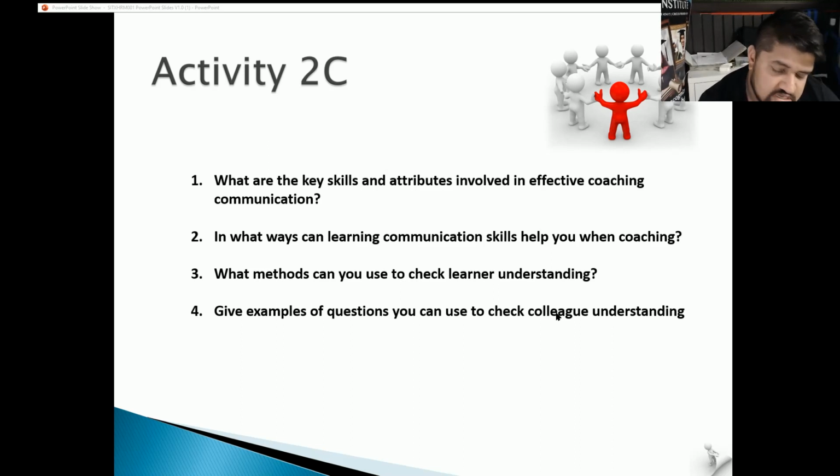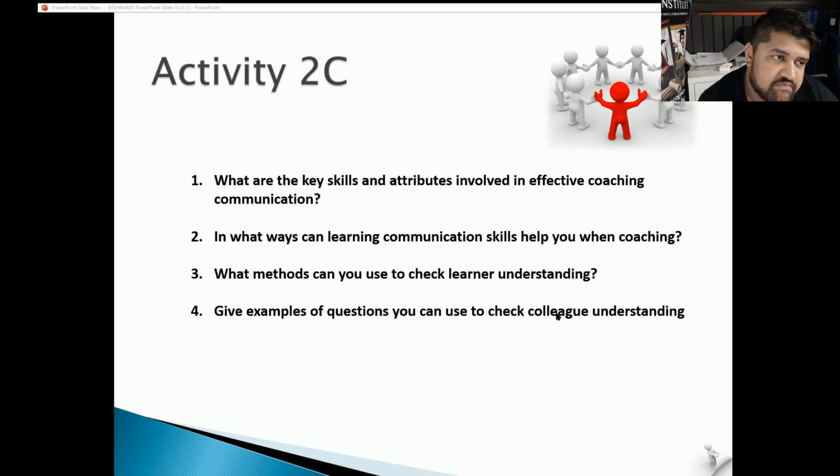You could give them written questions to see if they may have understood the knowledge and they could put it on paper. You could give them practical tasks, or you could ask them oral questions which they have to answer back to you with the correct answers.